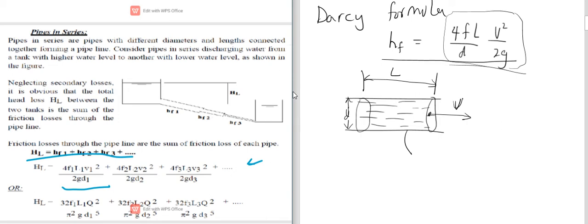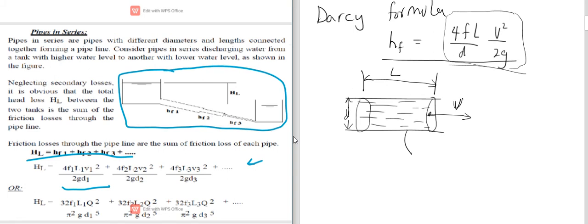It's just that F is F1, L is L1, V is V1, and D is D1. That is because in this system that was used as an illustration in our note, we had 3 pipes, pipe 1, pipe 2, and pipe 3 joining together, making a sudden expansion.